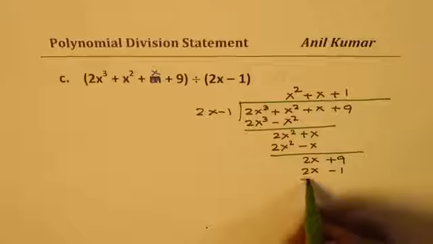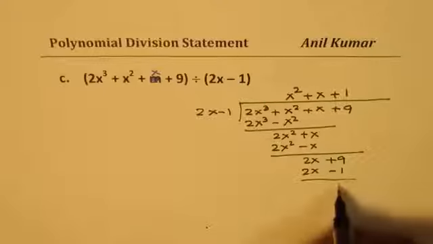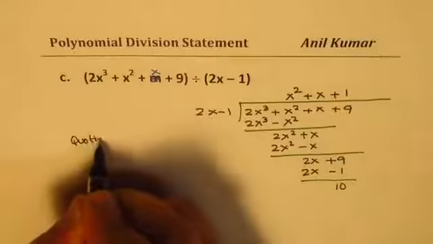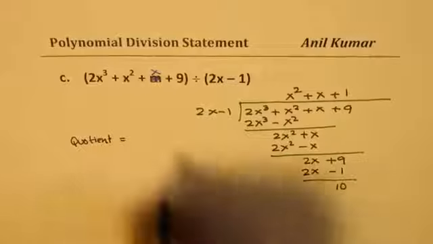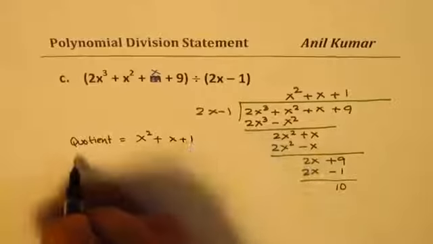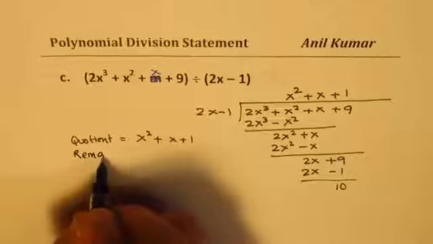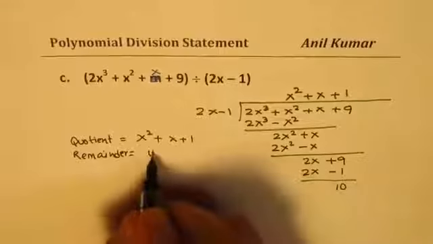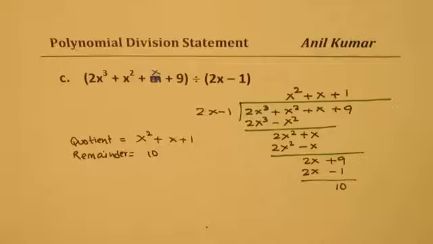And the remainder in this case is 10. So you can write quotient as equal to x squared plus x plus 1 and the remainder as equal to 10.